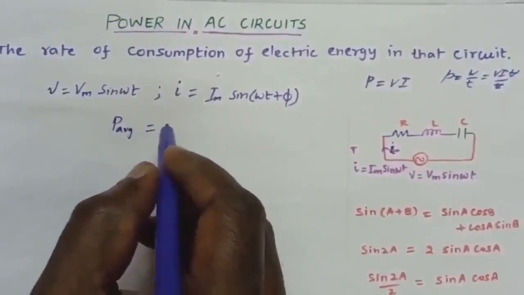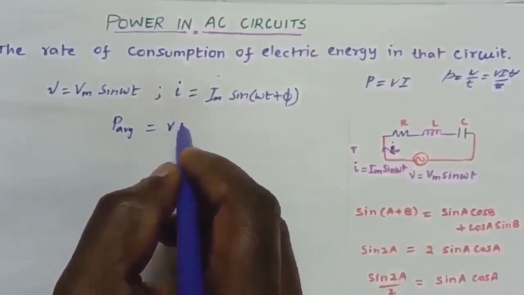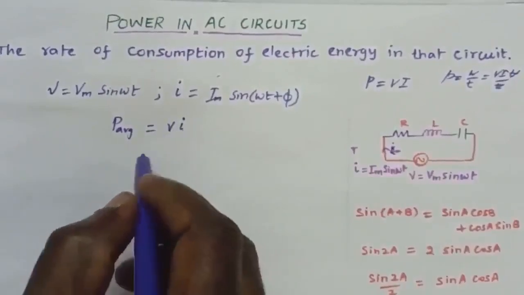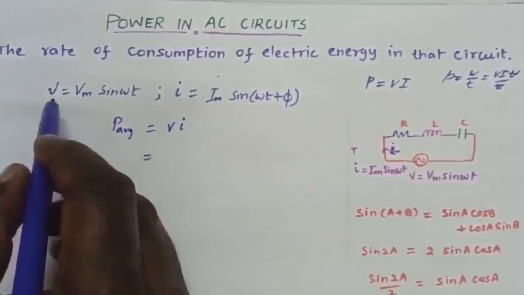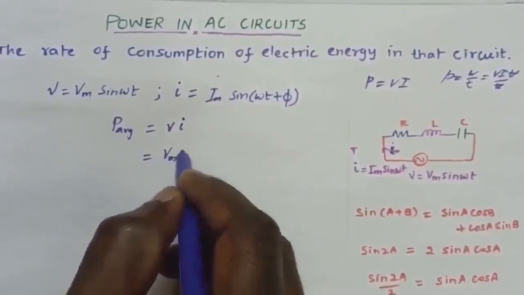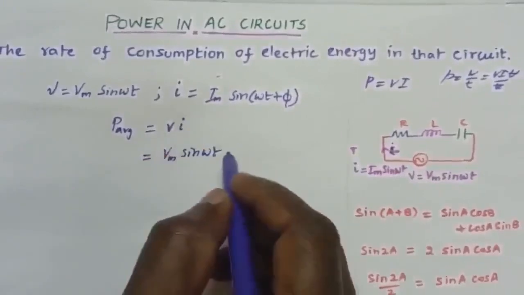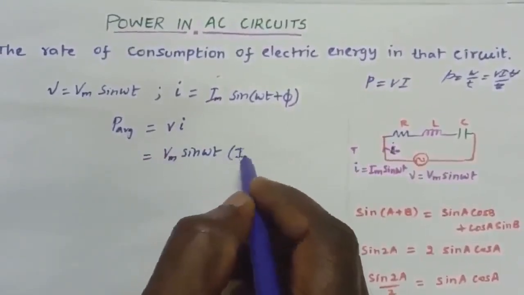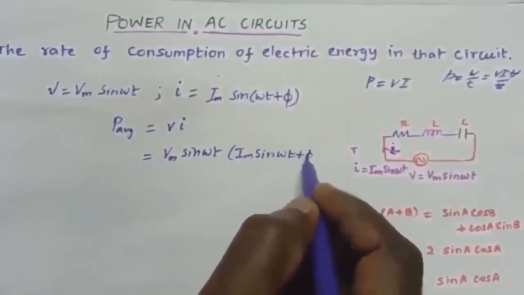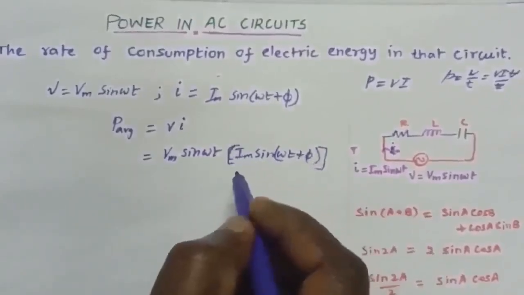The formula is voltage into current, that is instantaneous voltage V and instantaneous current I. Now substitute the values of V and I. Therefore Vm sin omega t into Im sin(omega t plus phi), where phi is the phase angle. Are you clear, children?